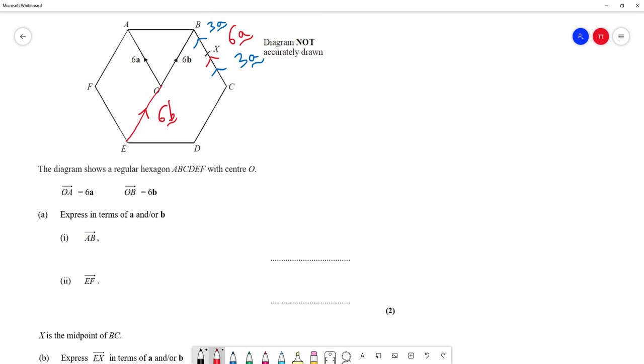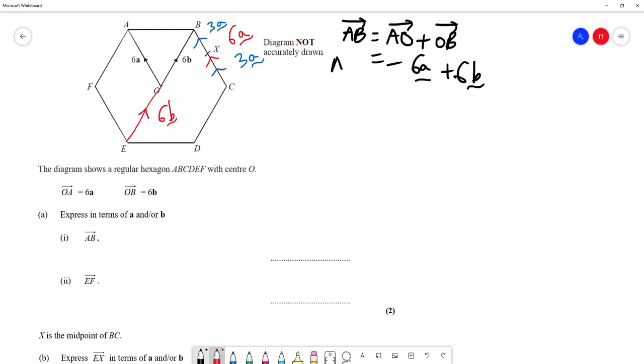Then we need to work out what the vector AB is. AB is going to be AO plus the vector OB. AO is minus 6a because it's the opposite direction, and OB is 6b. So AB is minus 6a plus 6b.